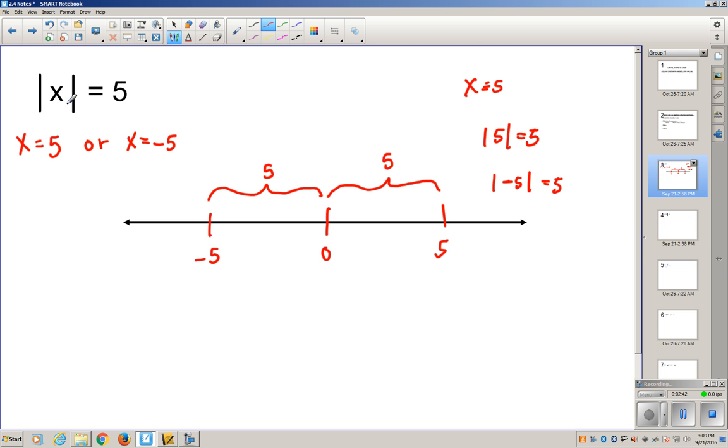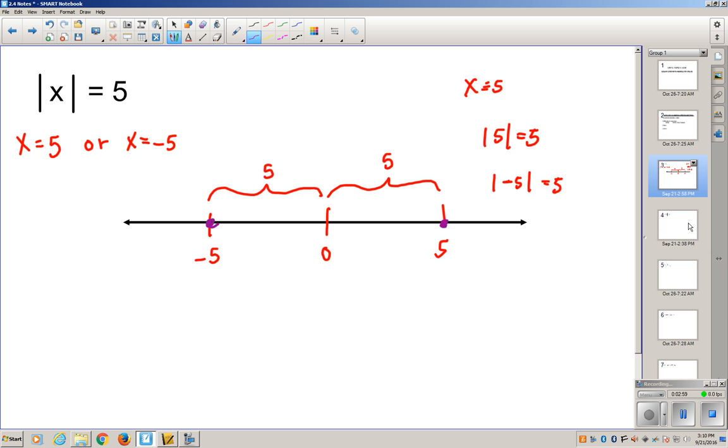So if some number x has an absolute value of 5, there are two possibilities. It could be positive 5, or it could be -5. Those are the two values whose absolute value is 5.